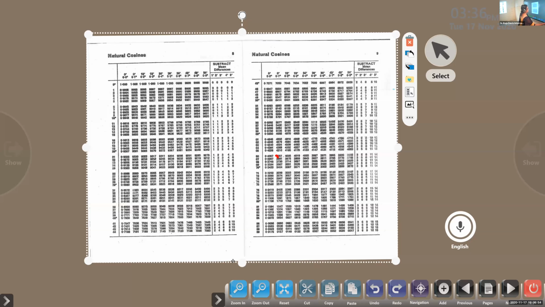Then shall we go to the inverse? Natural cosines. Natural tangents, I think I have already shown you in the previous class. Natural secant. Let us go to logarithmic sines.